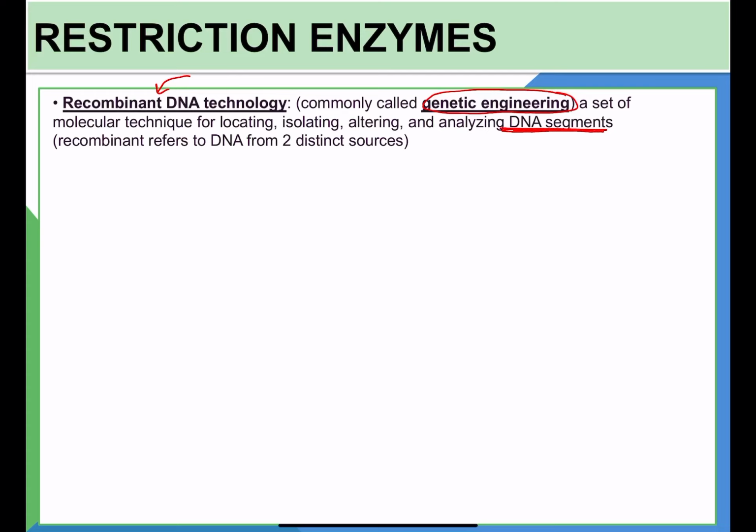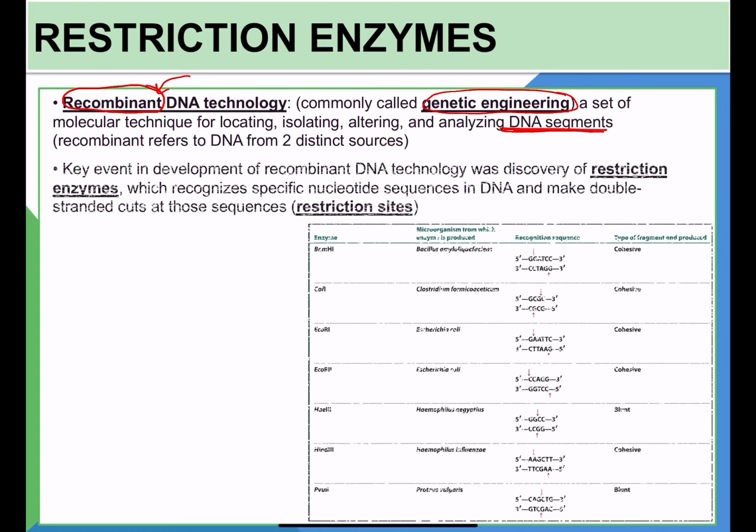The word recombinant means that this is talking about DNA from 2 distinct sources. For example, we're putting the human version of a gene of interest into a bacterial genome. We call that recombinant DNA because it's combining genes between humans and bacteria.